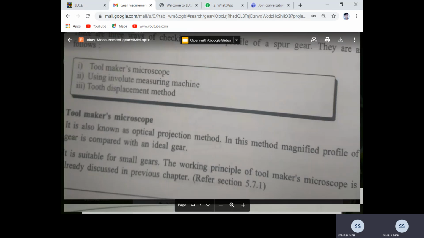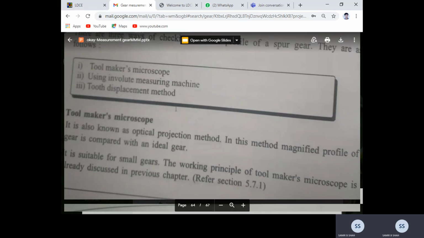How? Let me discuss the method. A circular disc having a diameter equal to the base circle of the gear under test is used, and the gear to be tested is mounted on the arbor. The straight edge of the machine is kept in contact with the base circle on the disc. The gear along with the disc is rotated without slipping, so the straight edge moves over the disc.